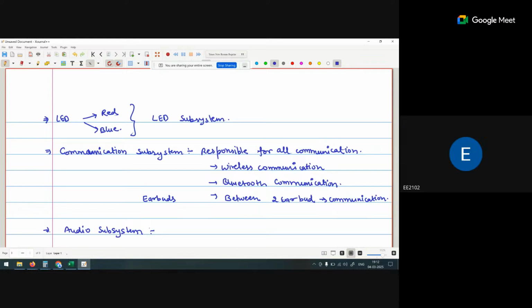Basically, this audio subsystem is responsible for audio quality and echo cancellation. Okay, audio quality and echo cancellation.